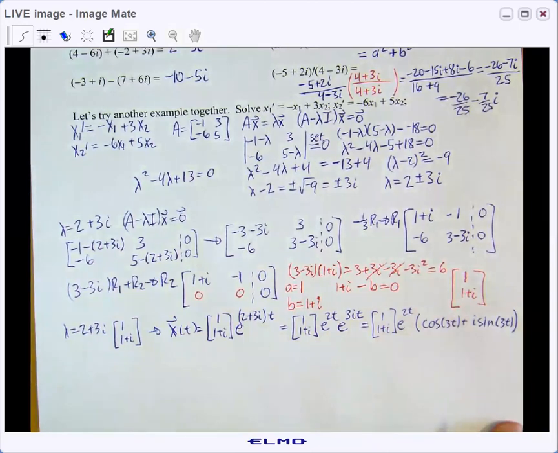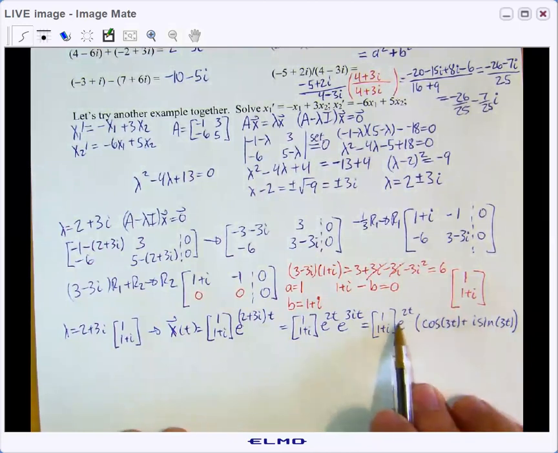Now, these act like coefficients or constants here that we can multiply through.